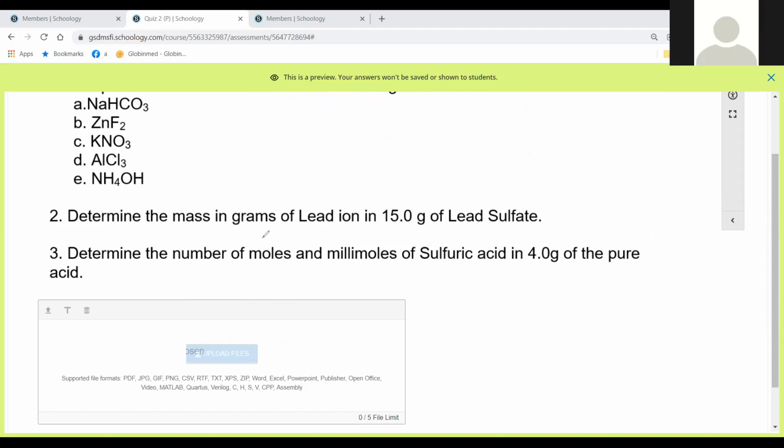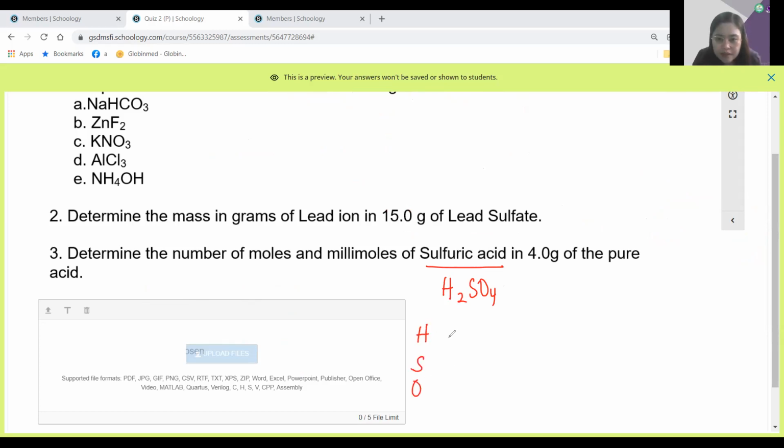Now let's move on to number 3. For number 3, determine the number of moles and millimoles of sulfuric acid in 4 grams of the pure acid. So class, sulfuric acid, this is H2SO4. Before we can proceed with the computation, let's first compute for the molar mass.